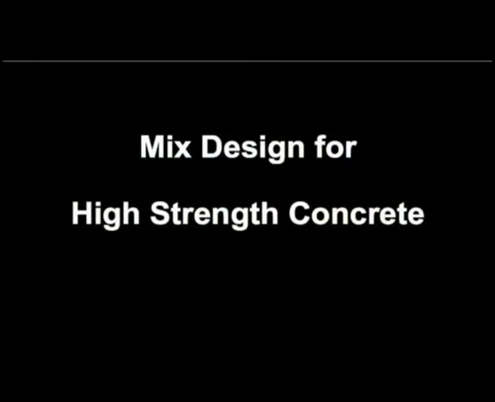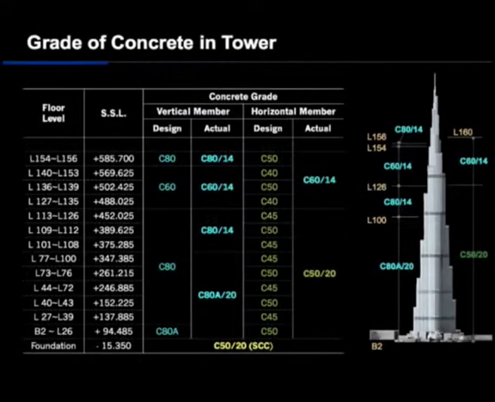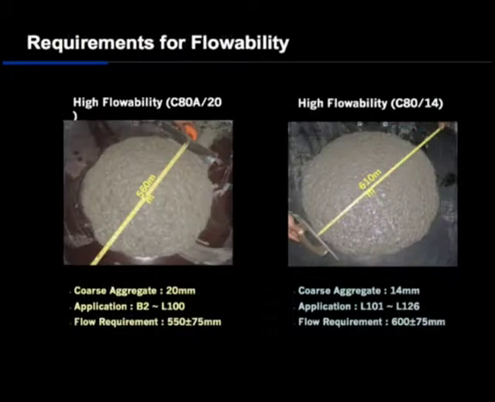Next is about the concrete. Based on the structural design, we have used grade 80 and 60 concrete for the vertical members, and also C50 and 60 for the slabs. And for better pumpability, we need very high flowability.